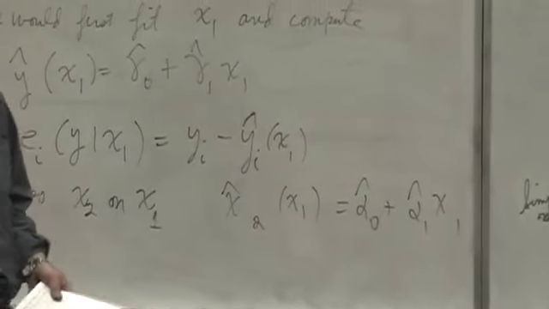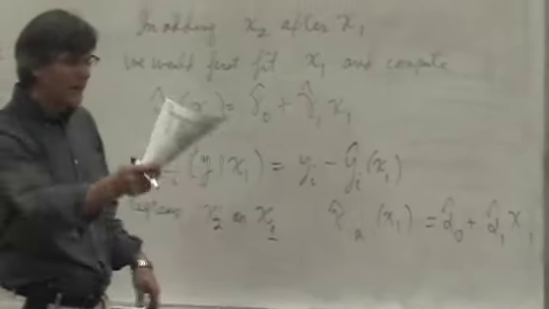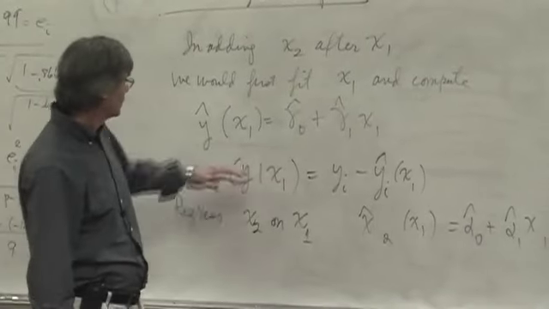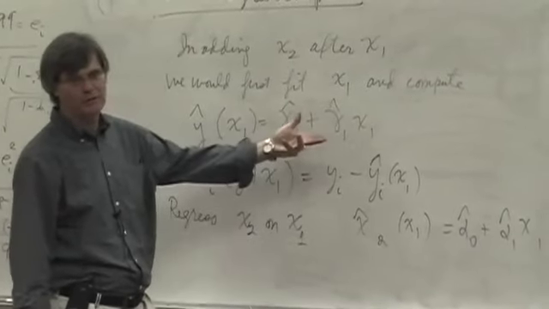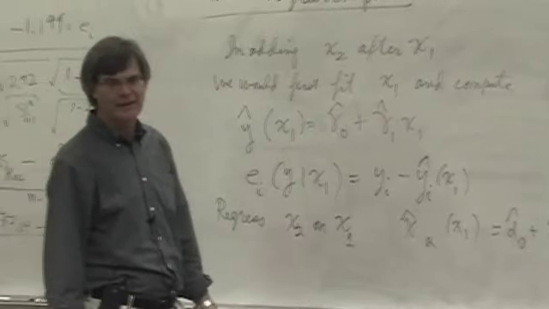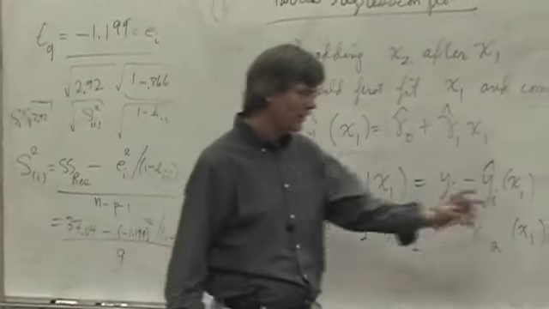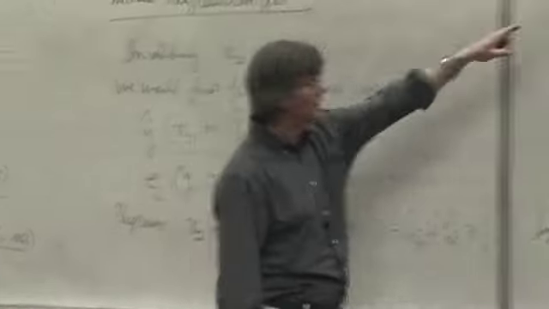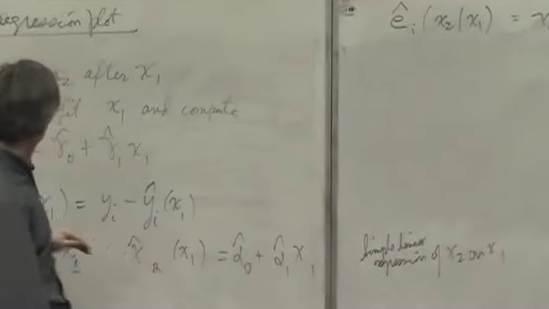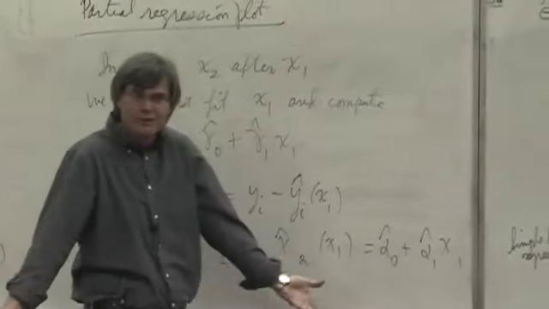In other words, mechanically with Excel, you do a simple regression of y on x1 and calculate the residuals. That's this column. Then do a simple regression of x2 on x1 and calculate the residuals. That's this column. Now plot one set of residuals against the other. Trivial, right?